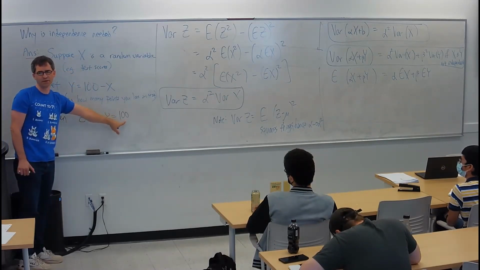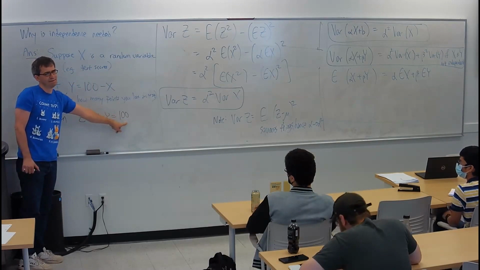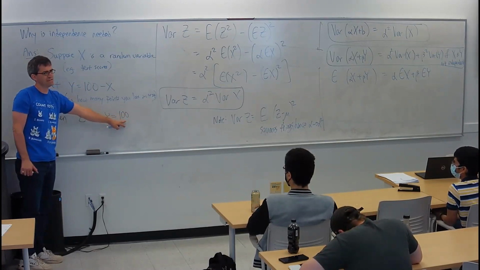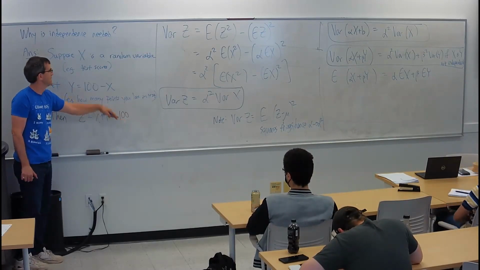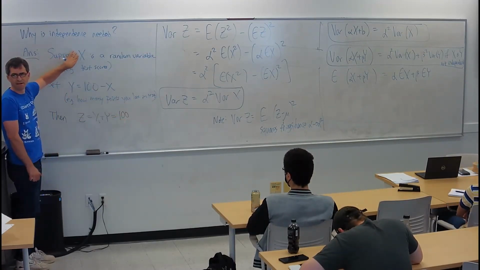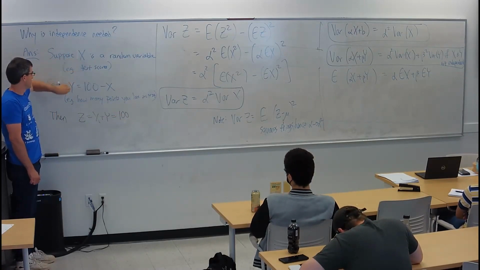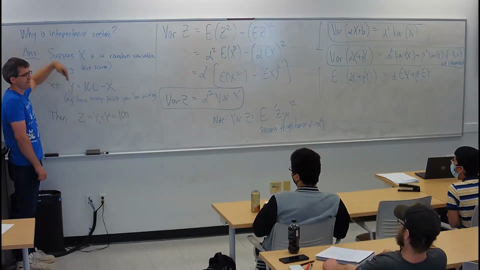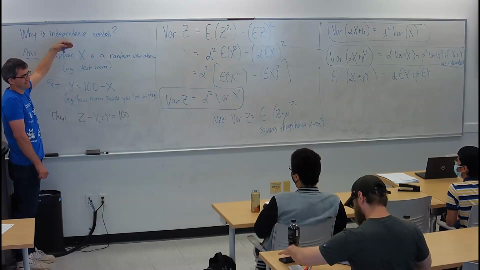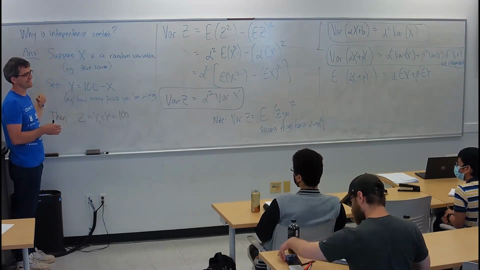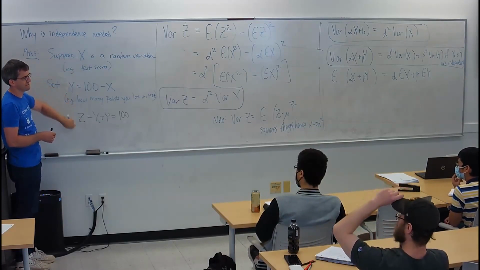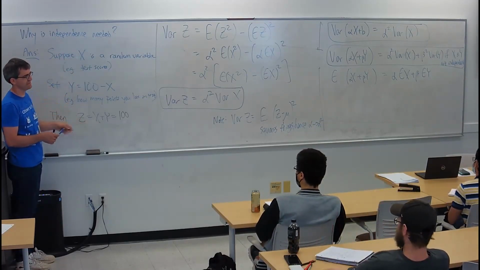How much does the number 100 vary? 0. So the variance of 100 is 0, because 100 doesn't vary, it's just a number. But the variance of x is not 0, that's whatever the class variance is for test scores. The variance of y would actually also be the same number, because the amount that your scores vary is the same as the amount that your deductions vary. So both of these variances are positive, but their sum is 0 variance.